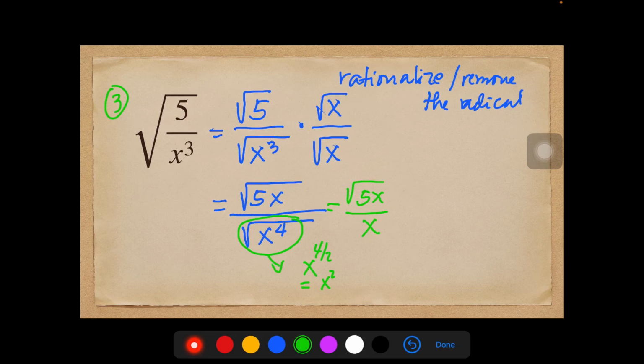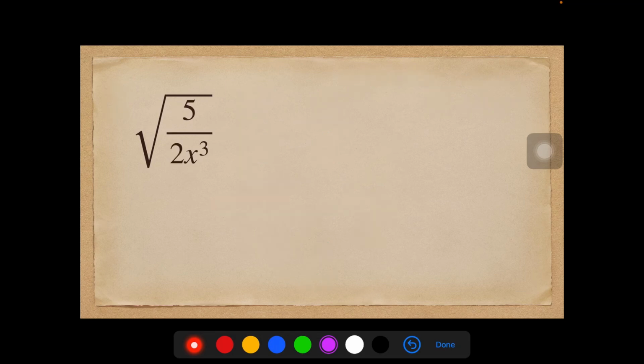That's why you have x to the second power. You cannot cancel this x here with this x here because they are not the same in value. One is under the square root sign and the other one is the actual value of x. Okay, that is rationalizing the denominator.